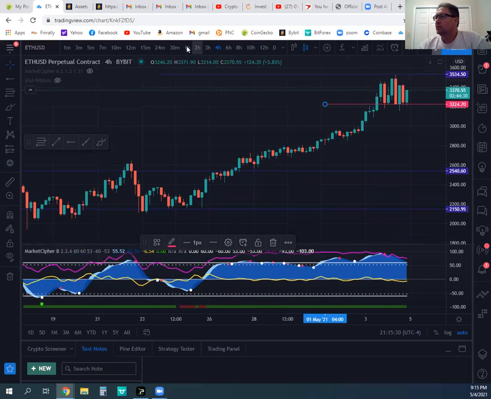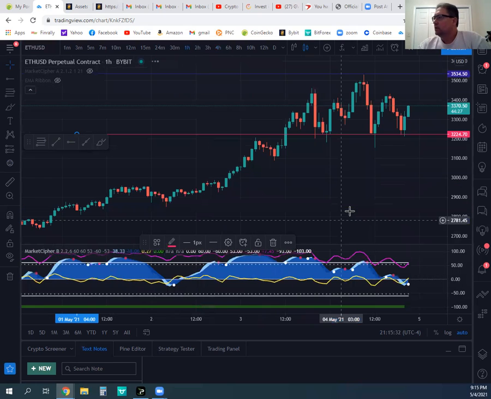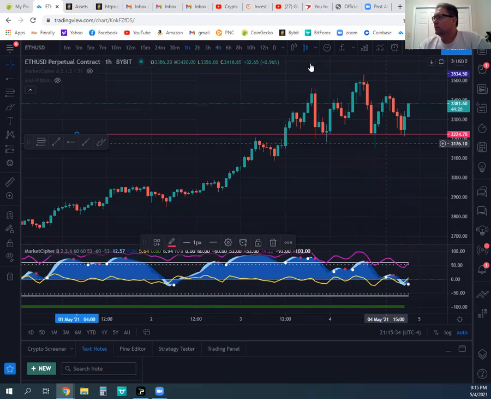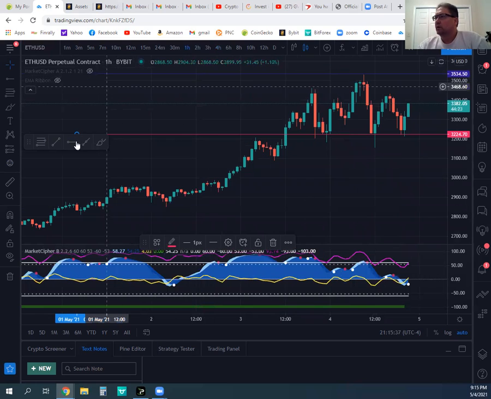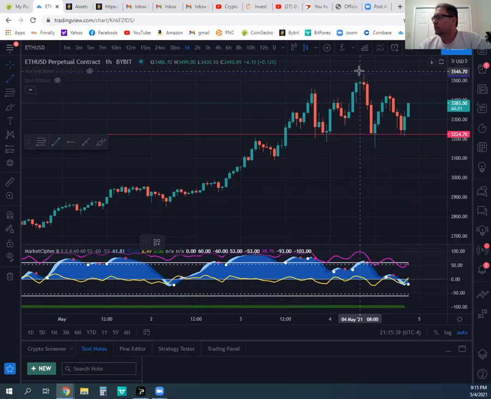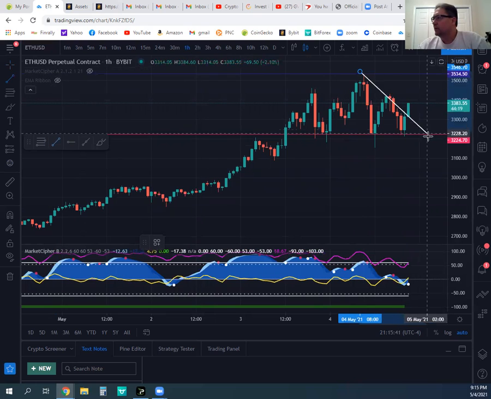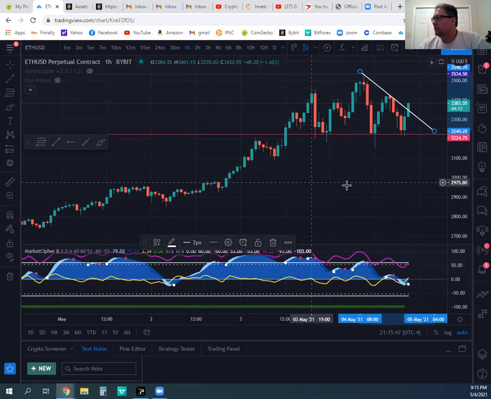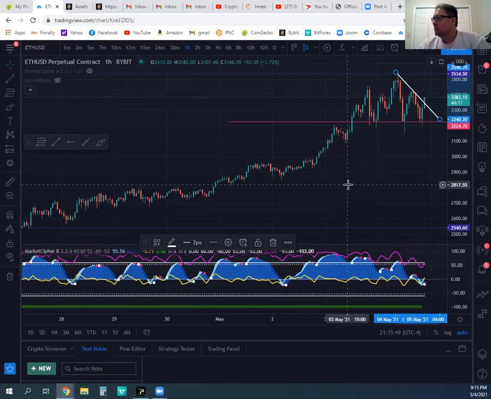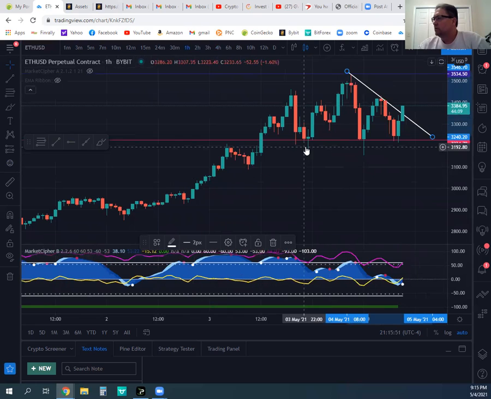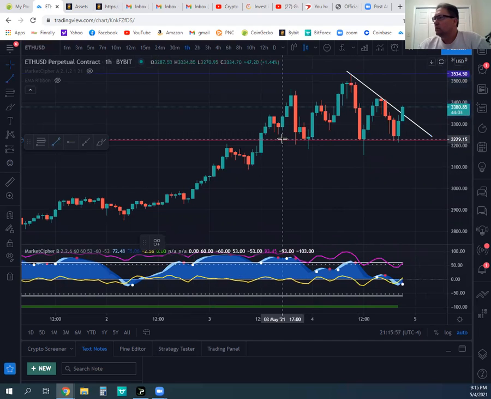Let's go down to the 1 hour chart. Let's look at this trend line. Well, Bitcoin and Ethereum both are breaking out, it looks like. Technically, you could look at this as being a triangle.